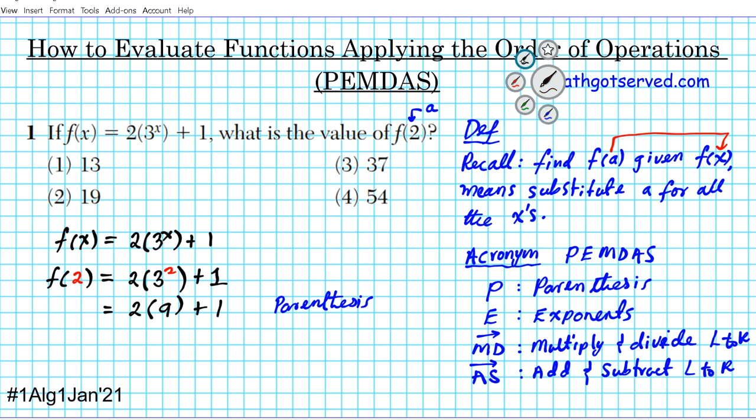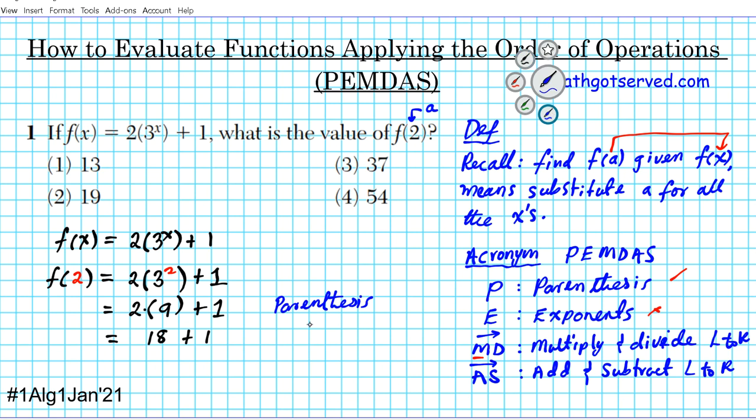Okay, now we're reduced to multiplication and addition. Multiplication here is implied by this parenthesis, and then addition. So what do we do next? Following the order of operations, we're done with P. There's no E. So we multiply and divide, but we don't have any division, so we're just going to multiply, okay? So let's do the multiplication operation next. 2 times 9 is 18 plus 1.